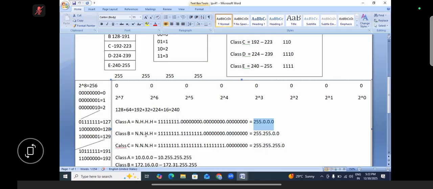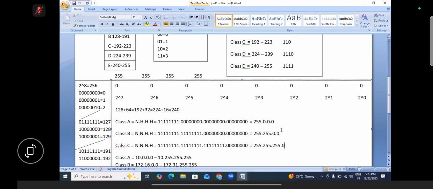2 networks, 2 hosts, right? 8 ones dot 8 ones dot 8 zeros dot 8 zeros: 255.255.0.0. Class C, 3 networks, 1 host: 8 ones dot 8 ones dot 8 ones dot 8 zeros: 255.255.255.0.